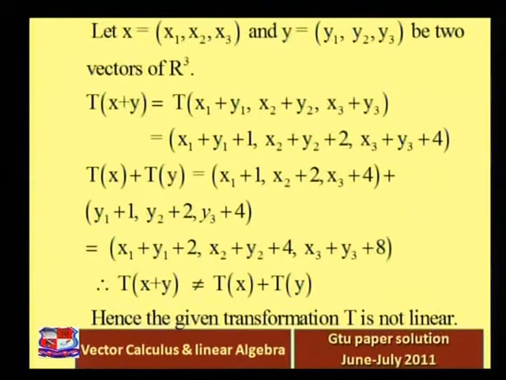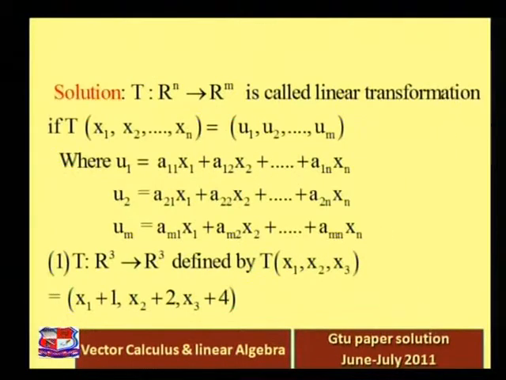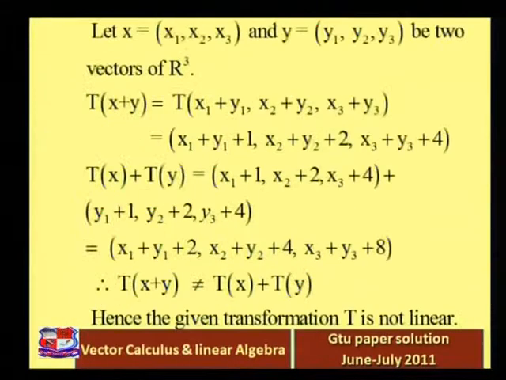So T of x plus y is T of x1 plus y1, x2 plus y2, x3 plus y3, that is equal to, because of how we define T, T of x1, x2, x3 is x1 plus 1, that means first coordinate plus 1, second coordinate plus 2 and the third coordinate plus 4. So by the same definition here, x1 plus y1 is our first coordinate, so x1 plus y1 plus 1, x2 plus y2 is second coordinate, so x2 plus y2 plus 2, and x3 plus y3 is third coordinate, so x3 plus y3 plus 4.